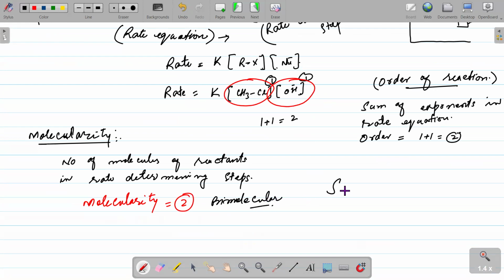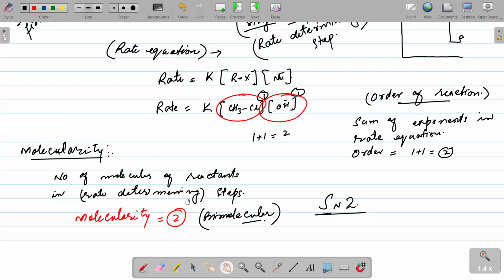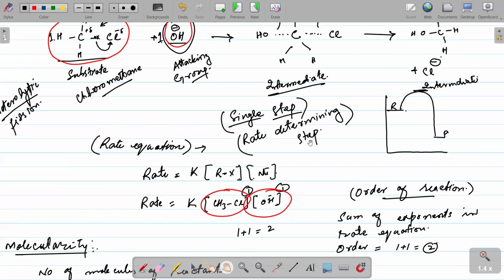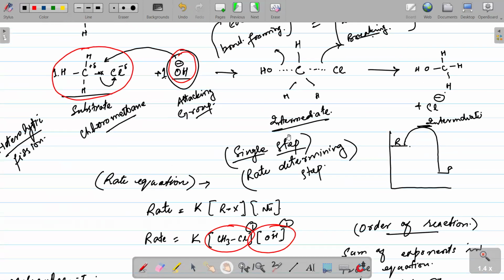So SN2 then stands for what? We can say nucleophilic substitution bimolecular reaction. Why are we calling it bimolecular? Because two molecules are participating in the rate determining step. And remember, it is very important, rate determining step. What is the rate determining step? The step which is used to write down the rate equation.